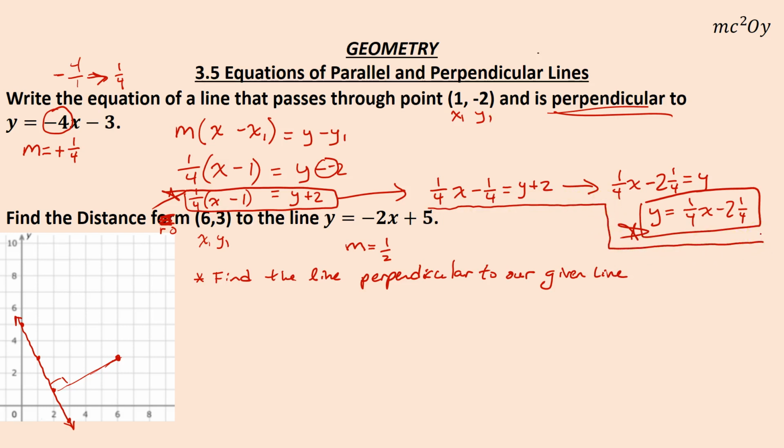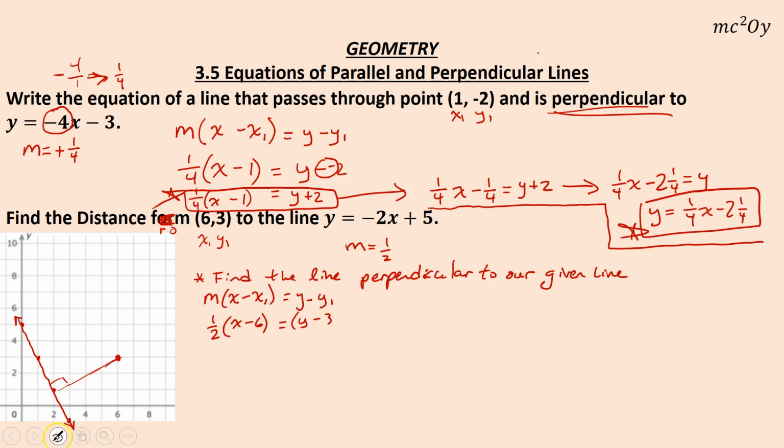All right, so that's the first thing. So I'm going to use my point slope form again. So m times x minus x1 equals y minus y1. Okay, and so m is 1/2, so 1/2 times (x - 6) equals y - 3.